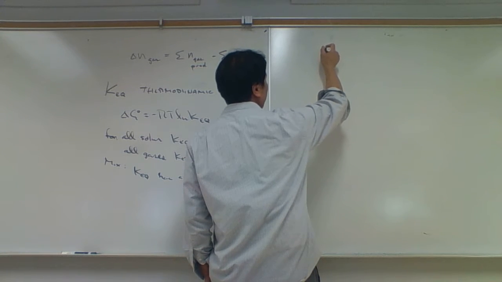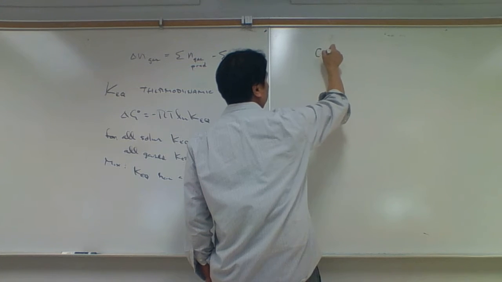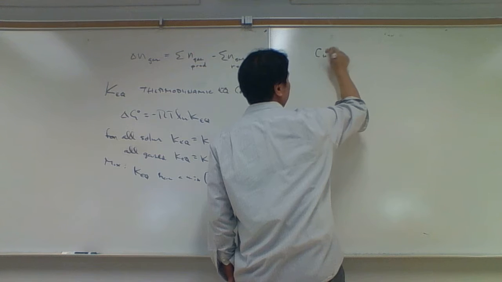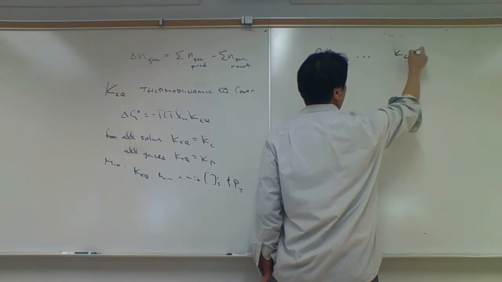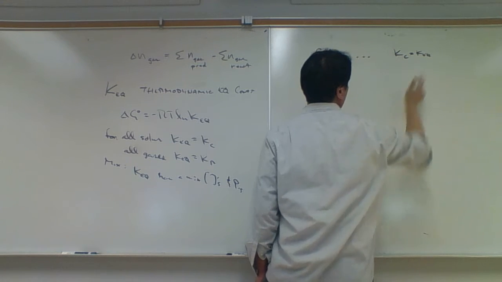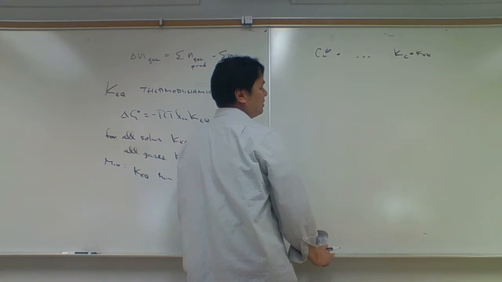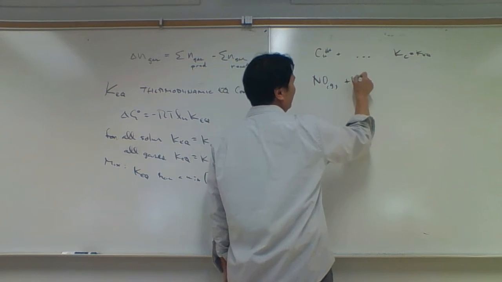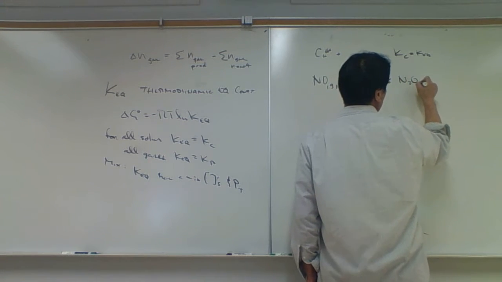So let's take a look at some of these. Actually, I should just do it on the overhead. For the copper reaction that we just did, Kc is equal to Keq. If we do a reaction of all gases, let's say I do this one, NO gas plus NO gas gives me N2O2 gas.